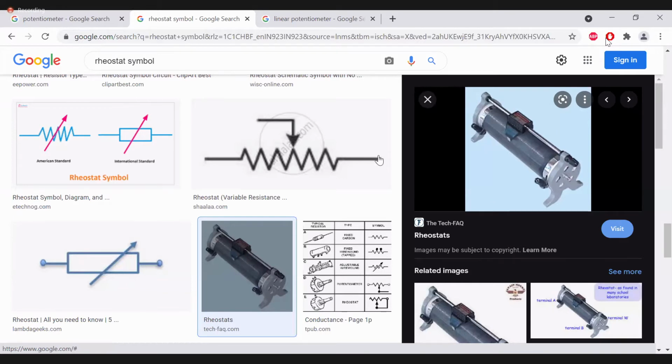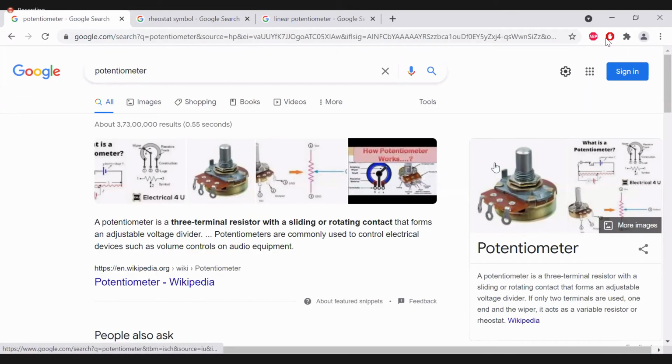And this is a rotary potentiometer. This is our wiper. Internally, we have to rotate this. If you rotate this, resistance will vary.